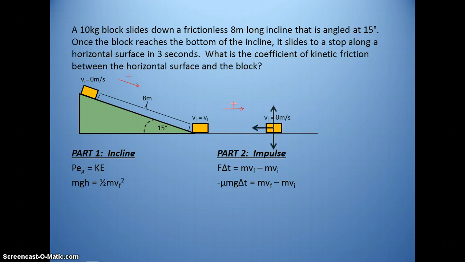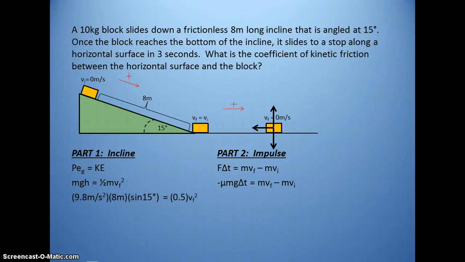And just a little hint, it may help you to draw an FBD to remind you that the force of friction is to the left, which we've defined as negative, and that's going to be mu times the normal, and on a horizontal surface, the normal force is simply mg. So you are left with negative mu mg delta t equals mv final minus mv initial, and the mass actually divides out of all the terms, which is kind of convenient.